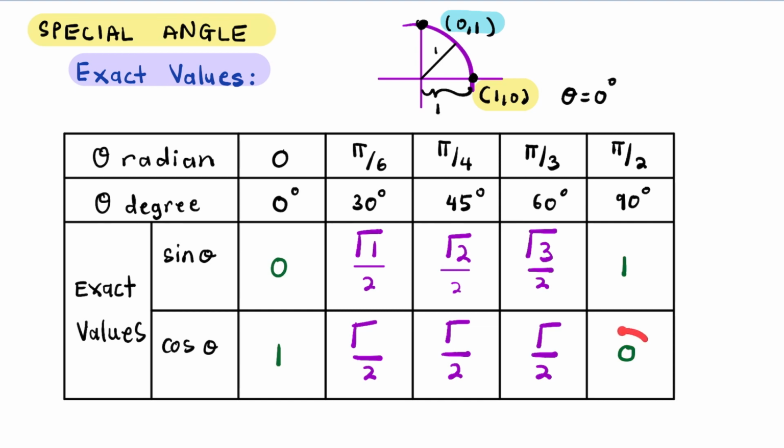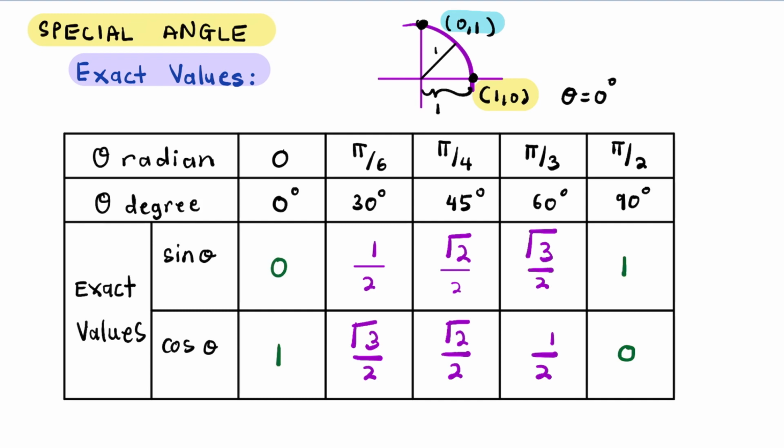For cosine, starting from 0 values and moving to the left, it also becomes 1, 2, 3. But because square root 1 is 1, I can simply take it out, so it becomes just 1. It is the same thing over here.